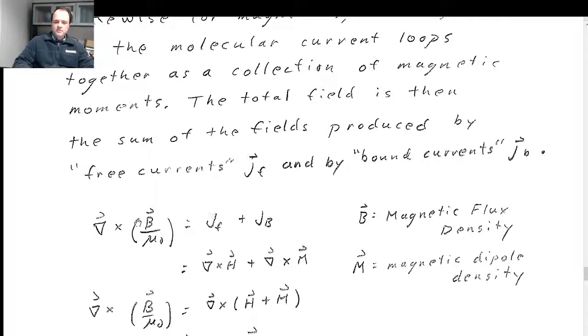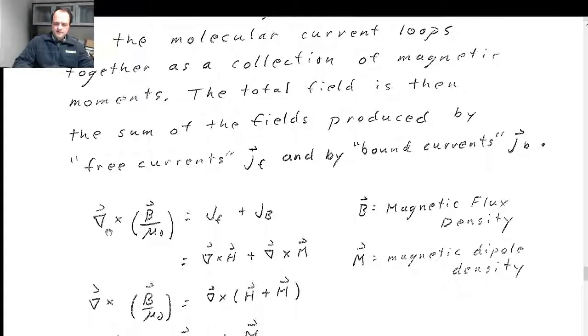So we take Maxwell's equations, Faraday's law and Ampere's law, and we have del cross, and then we put in here the magnetic flux density, B over mu naught. We define this new quantity, and say it is equal to the total current, JF plus JB. This is the total current, composed of the free current and the bound current.